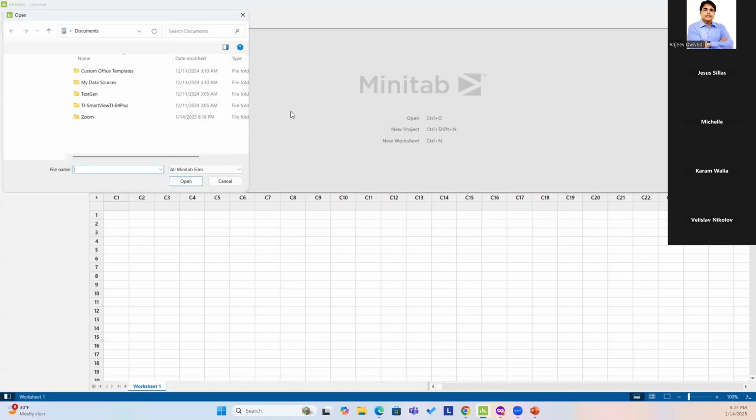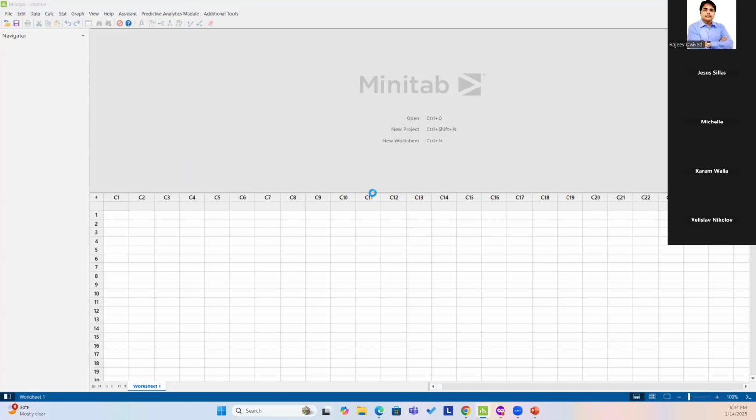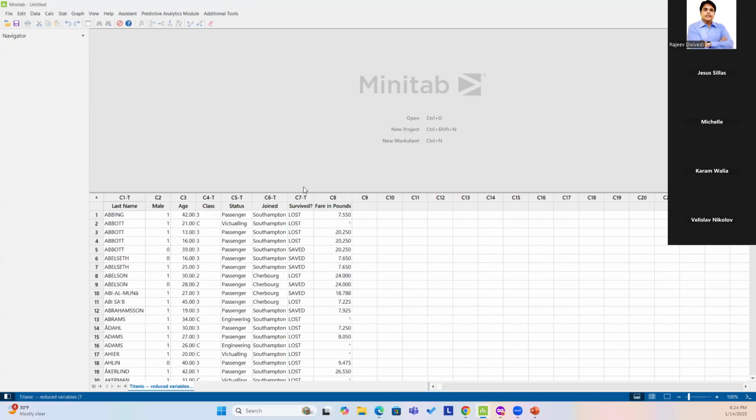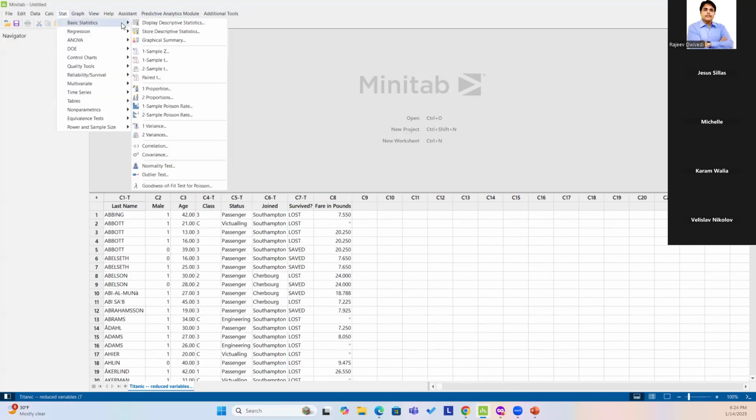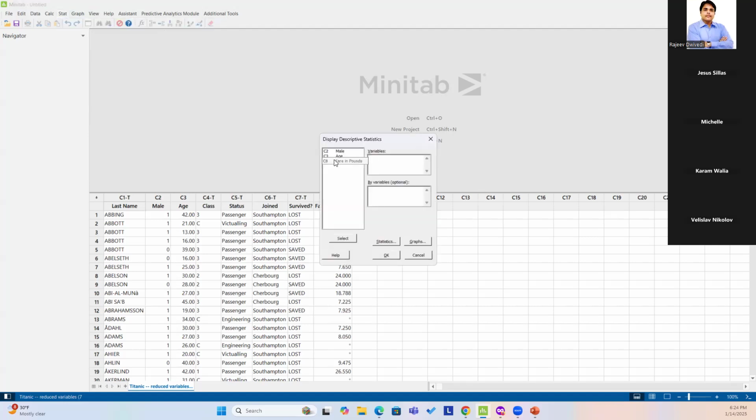Can you see my Minitab? Yes. Okay. Here I go under Statistics, Basic Statistics, Descriptive Statistics. Let's say I want fare in pound, so I select the variable.